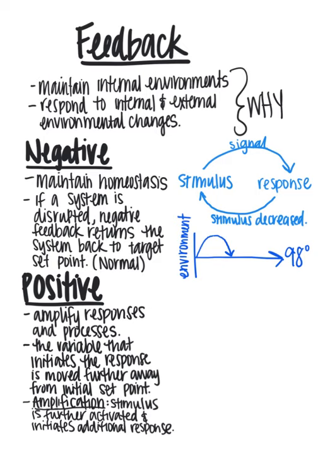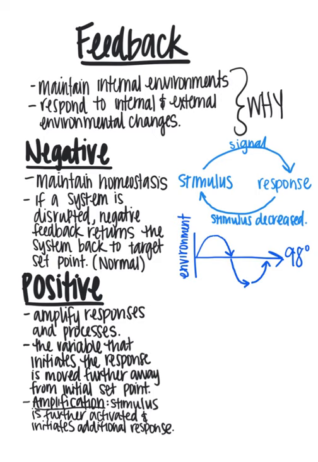Now, on the other end of that spectrum, if your body temperature drops lower than the ideal set point, then your body is going to use that negative feedback loop by shivering your muscles in order to bring your body temperature back up to normal. The whole idea of negative feedback loops is that whenever the stimulus triggers a response, that response is going to lower the stimulus. You're trying to get the organism back to homeostasis.